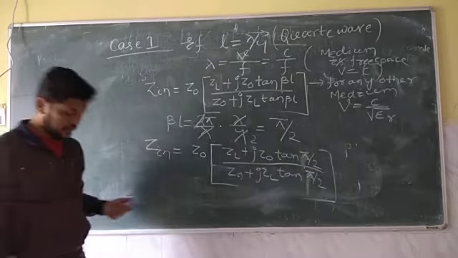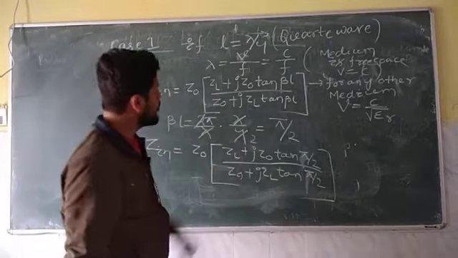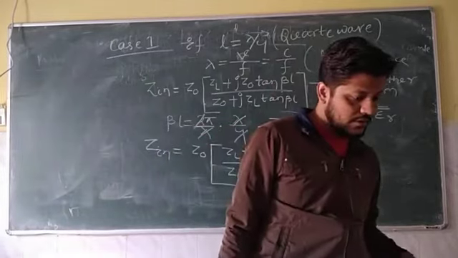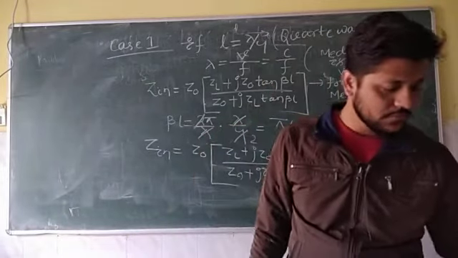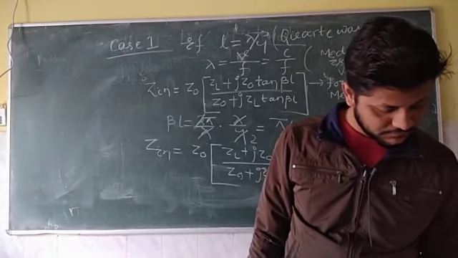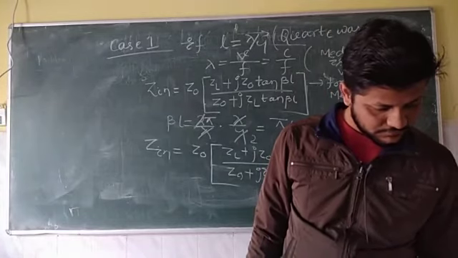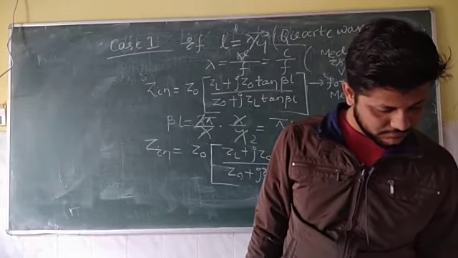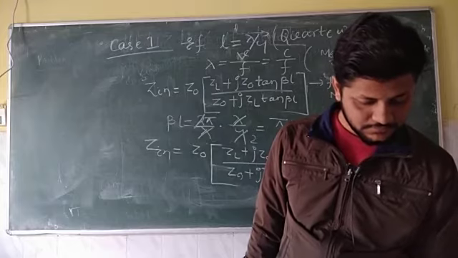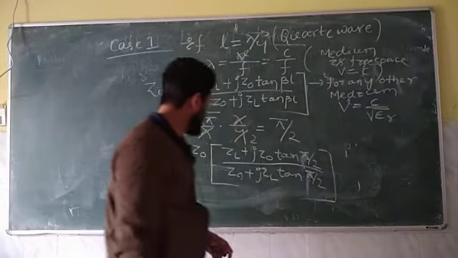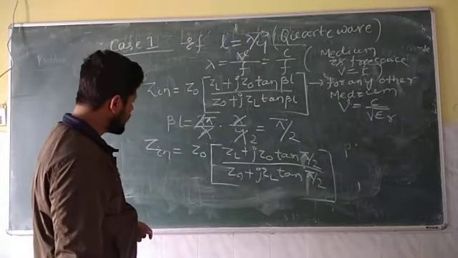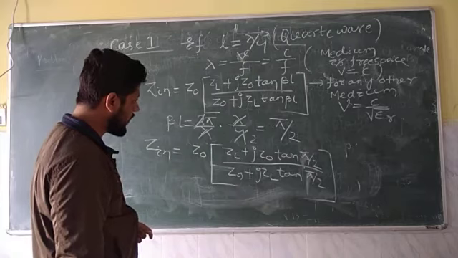I am just putting that beta L value, which is pi by 2, in this equation. So tan pi by 2 is infinite.